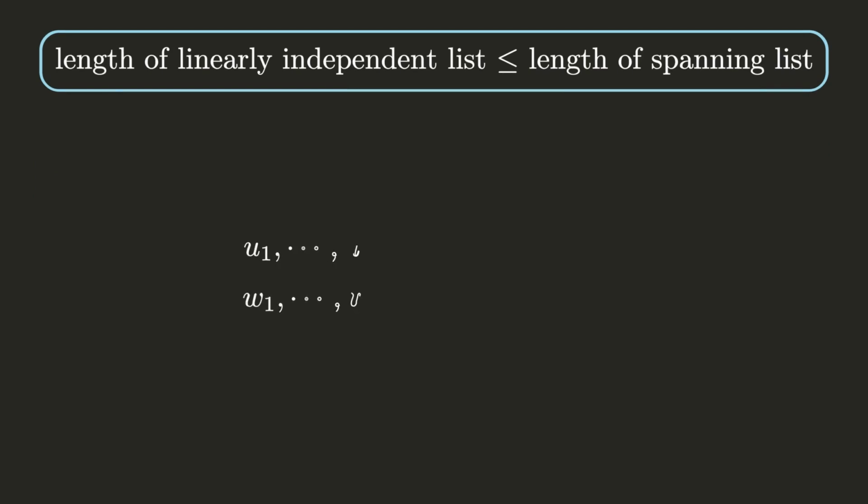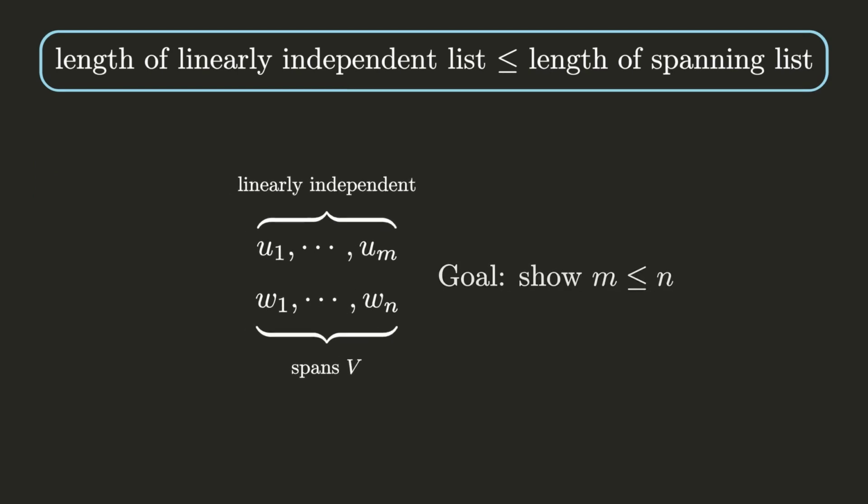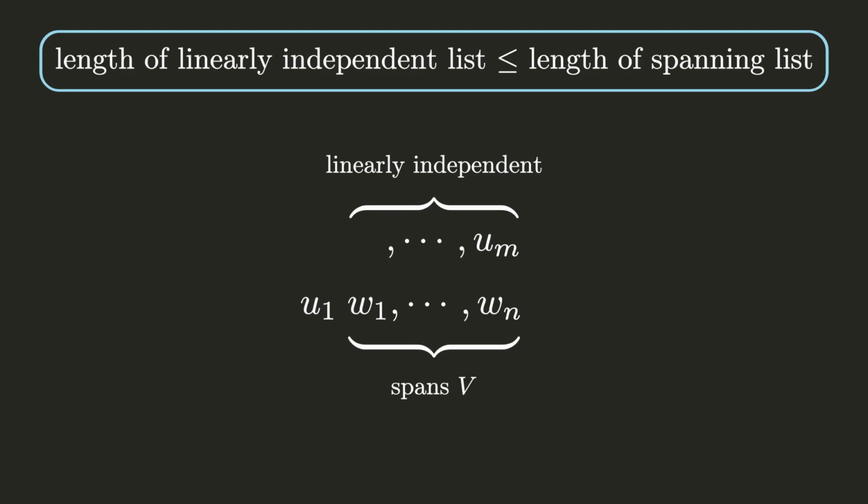We start with 2 lists of vectors, u1 through um and w1 through wn, with a list of w's spanning v and the list of u's being linearly independent. Now our goal is to prove m is no greater than n. We start by taking u1 and prepending it to the other list, giving us these new lists.